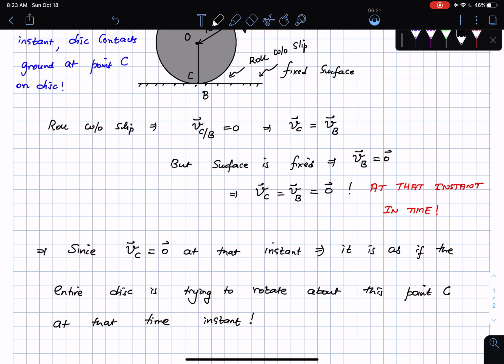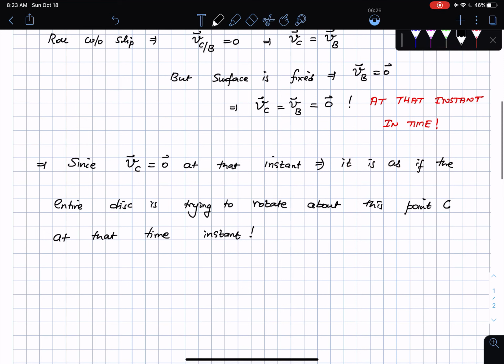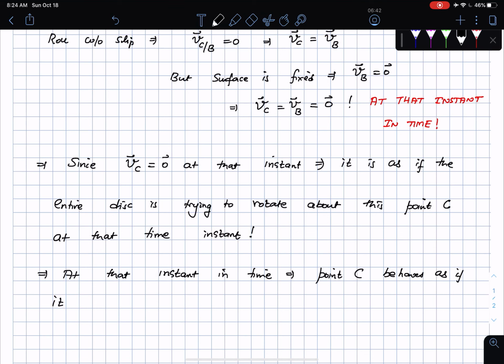At the next instant in time, the point C has lost contact and then it will have a velocity. So at that instant in time, the point C behaves as if it is the center of rotation.